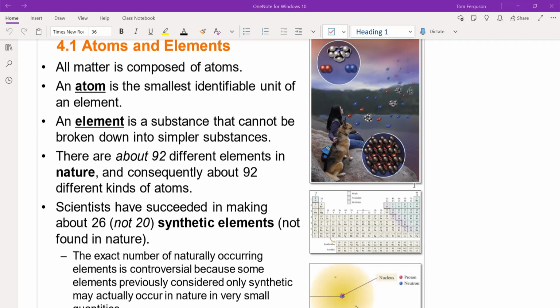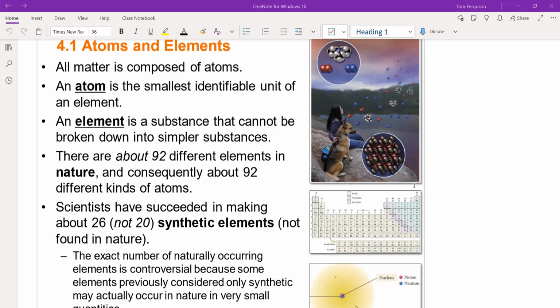The element is basically one thing, like gold, silver, hydrogen, carbon, oxygen, whatever. Those are elements, and they are displayed on the periodic table. There are 118 of them as of today, and they all have a unique number of protons, electrons, and a variety of neutrons.